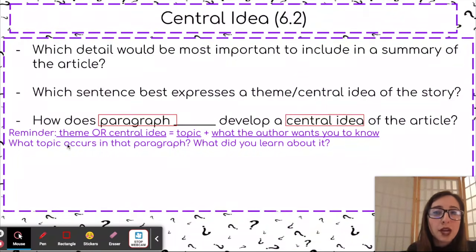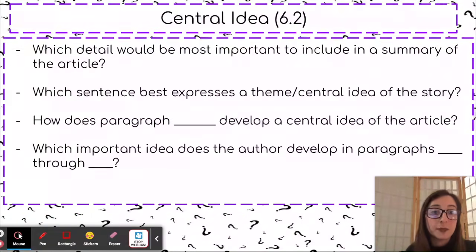So what topic comes up in that paragraph? What did you learn about that topic in that paragraph? There might be different themes or different central ideas in the whole article, but you need to look exactly at that paragraph. What is the main topic and what did you learn about it? So these are the things you should box out.